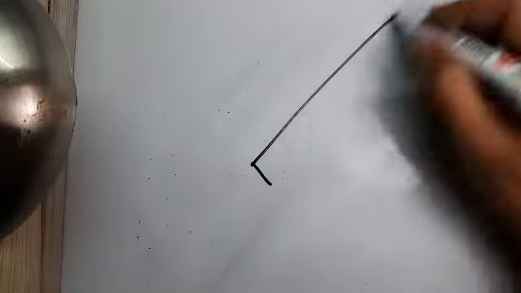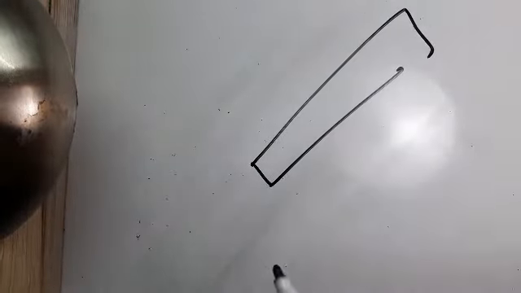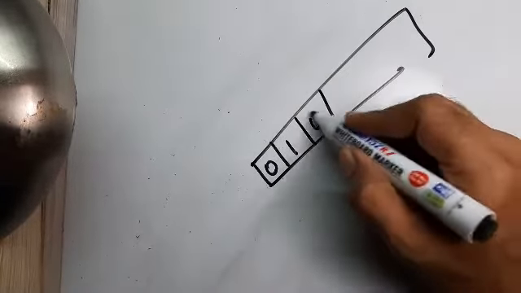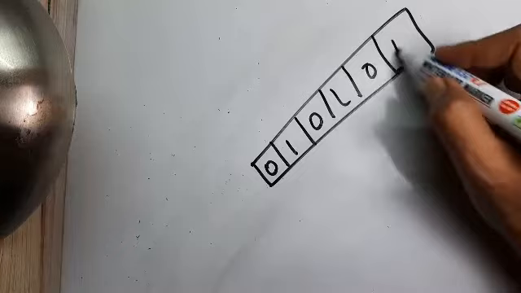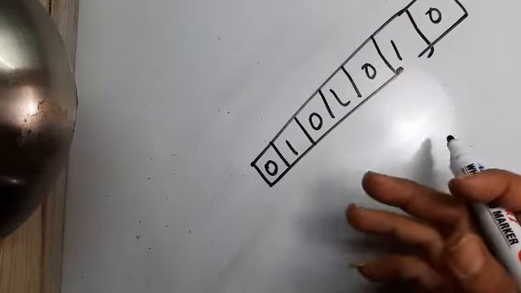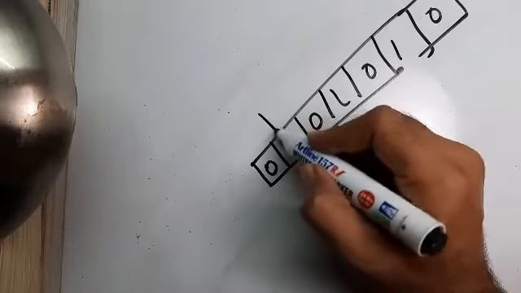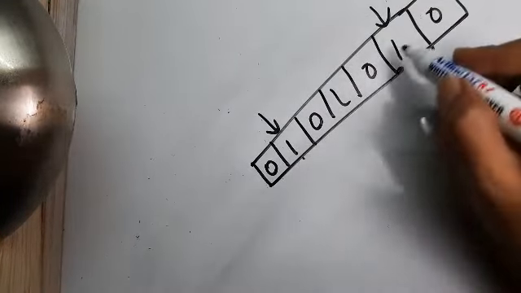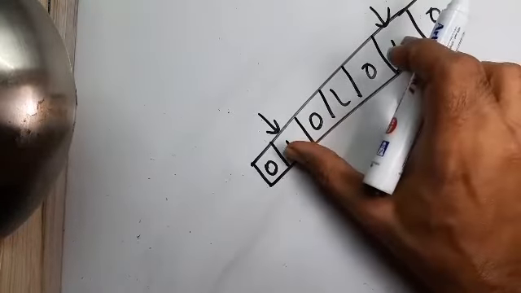Now I will talk about a situation of two isolated single bit errors. Say this is my code word, with one bit here and another bit there, and there is an error in these two bits.